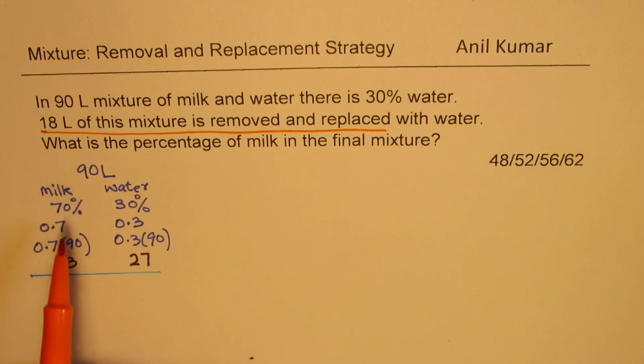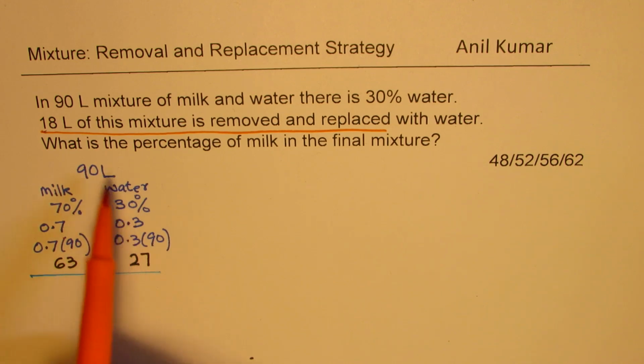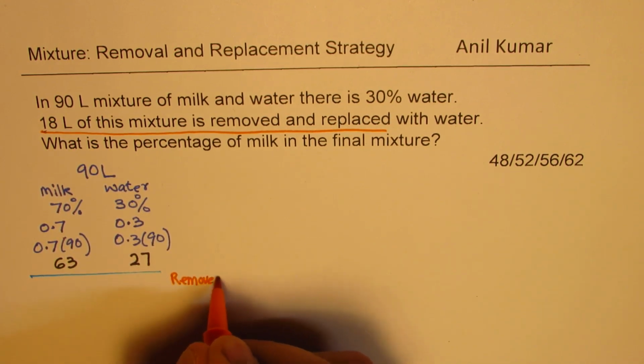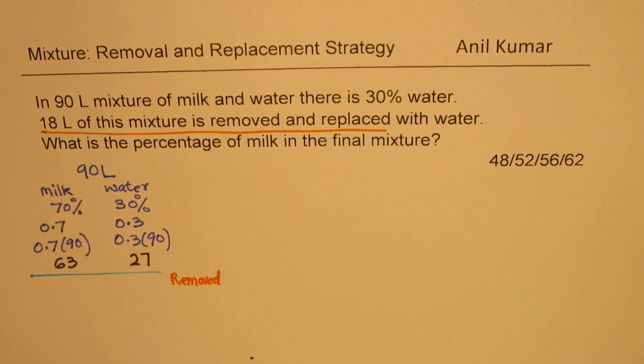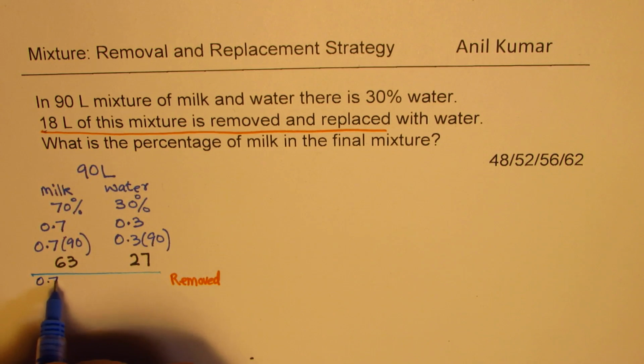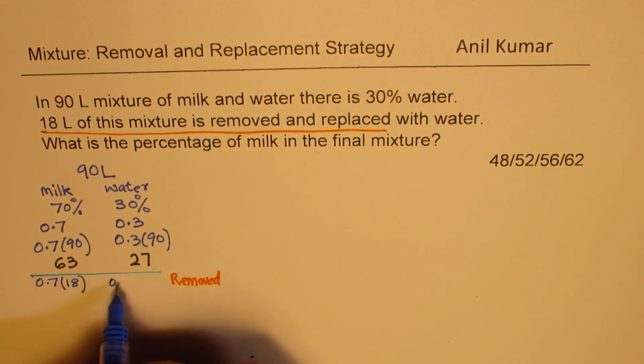So they will get removed in the same ratio, that is 0.7 times 18 and 0.3 times 18. That much is removed. So out of 18 liters, milk removed will be 0.7 times 18 and water removed will be 0.3 times 18.